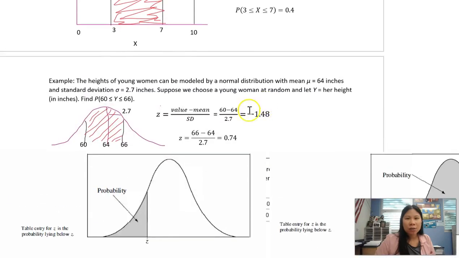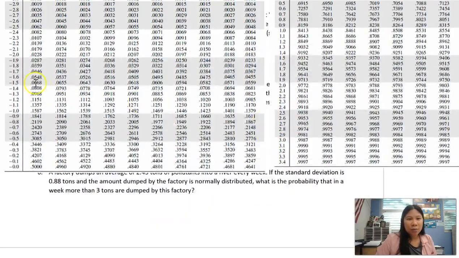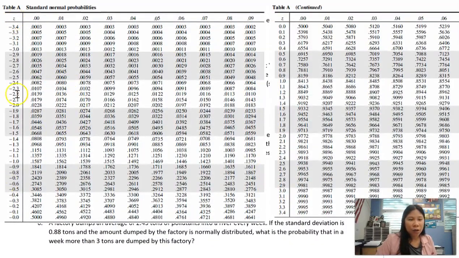Since our z-score was negative, we're going to look at the negative side. So negative 1.4, you're going to look at the first column to find your first decimal place. The second decimal place was an 8, so we're going to crisscross it with the 0.08 at the top here, and that should give us 0.0694.